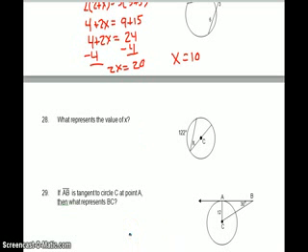28. What represents the value of x? Okay, well, we've got this piece of a circle here, and we know that this is the diameter since it goes through the center.